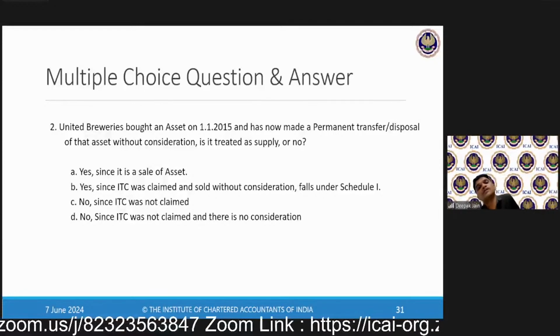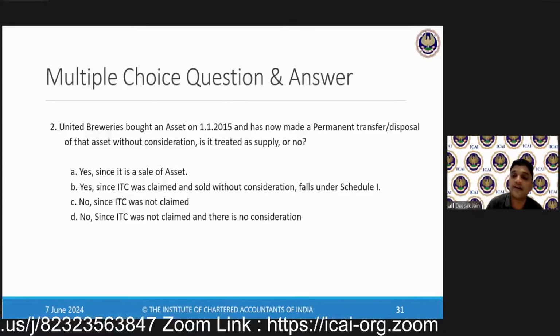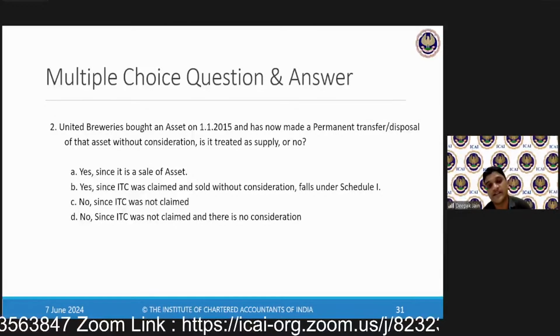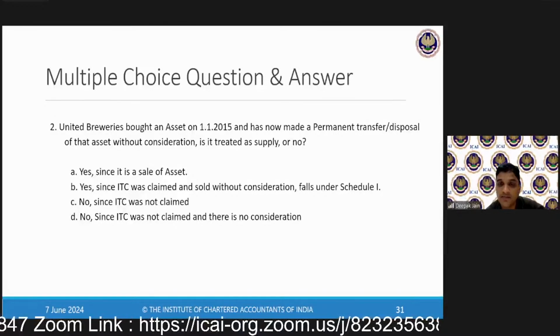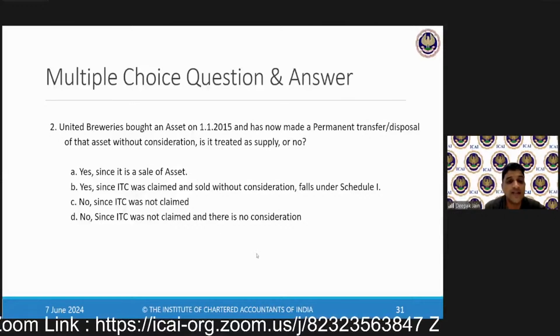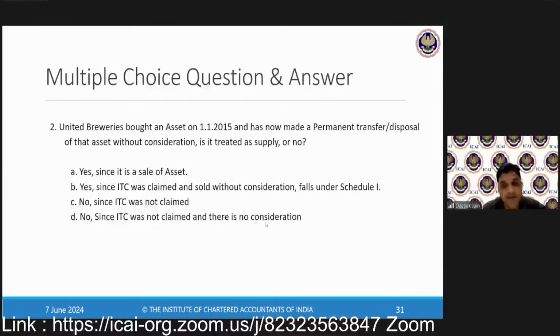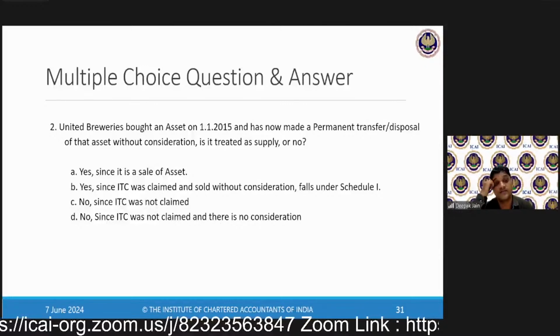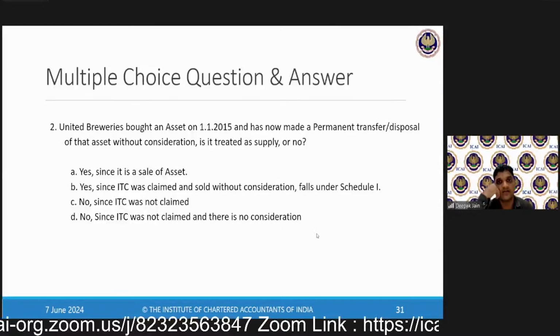And now on the permanent transfer or disposal of asset, we have read that it should have claimed ITC. If they have not claimed ITC, then it is not a supply. So the answer is D. Since ITC was not claimed and there is no consideration, it is not a supply.